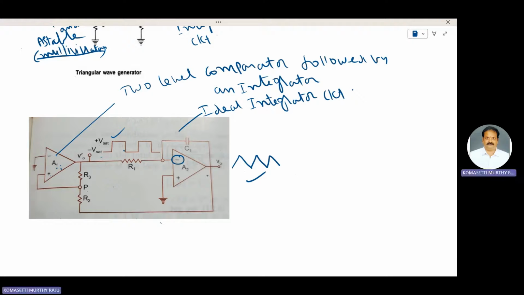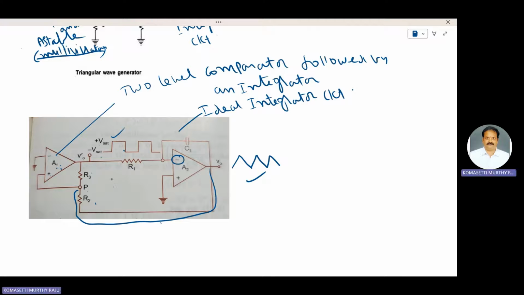The triangular wave is fed back as input to the comparator A1 through a voltage divider R2, R3.